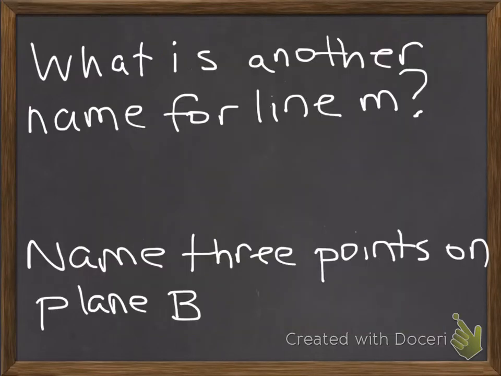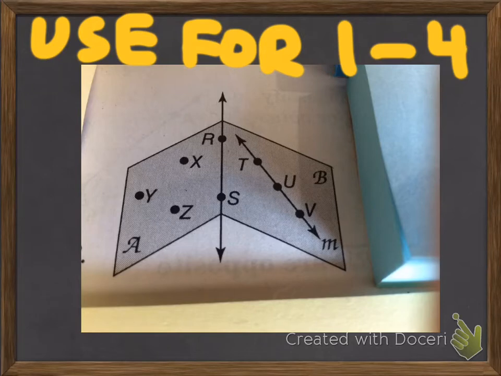So the first question, what is another name for line M? A line, when you're naming it, has to have at least 2 points, and they have to be on the same line, obviously. So we're going to look back at line M, which is labeled here. I'll point to it. So line M, you have 3 points on that line.